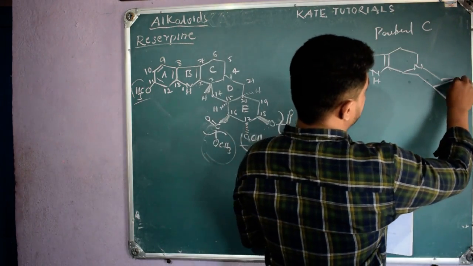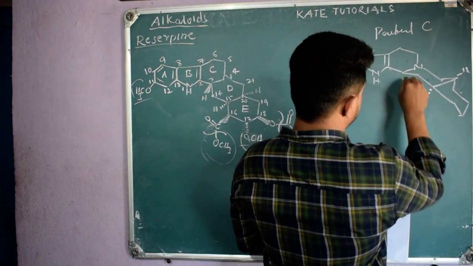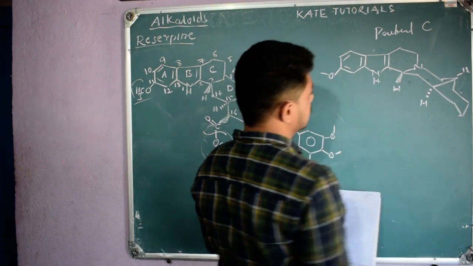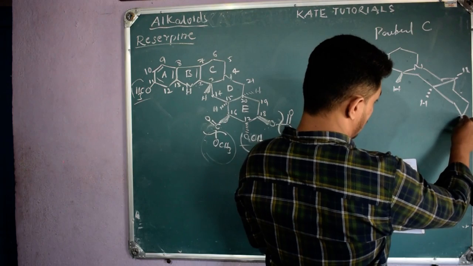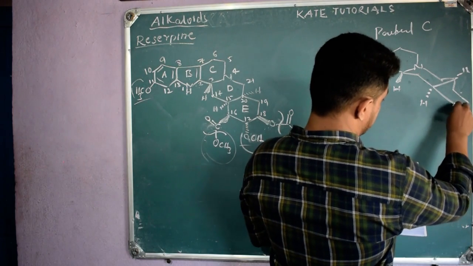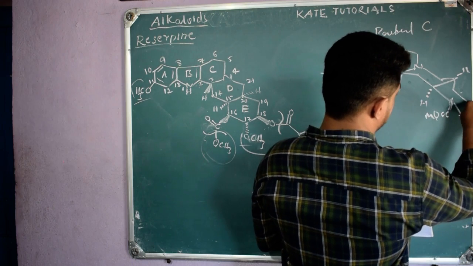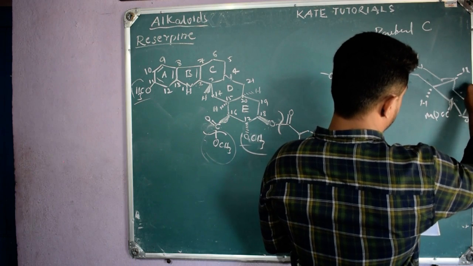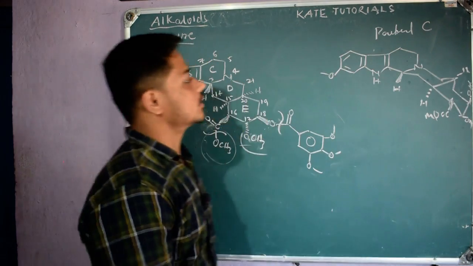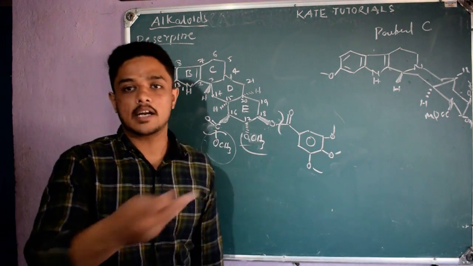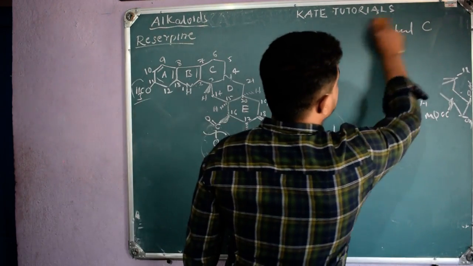So one hydrogen is below here, this hydrogen is above, and here above I have OCH3, and here above I have COOMe, and here above I will be having the ester OCO, that ring we will be having. So this is the partial structure, which you can Google, you will get it there also.